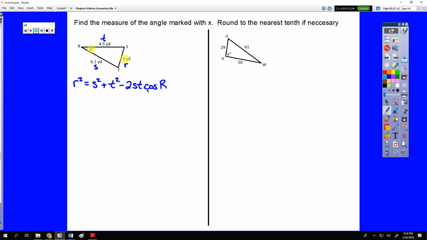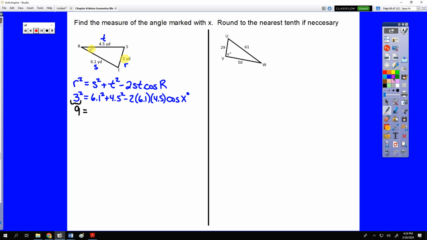Now, really what we need to be able to do is plug in the numbers from the problem. So 3 squared equals 6.1 squared plus 4.5 squared minus 2 times 6.1 times 4.5 times the cosine of x degrees. Again, pieces of this can go into the calculator. Hopefully we do not need a calculator to know that 3 squared is 9.